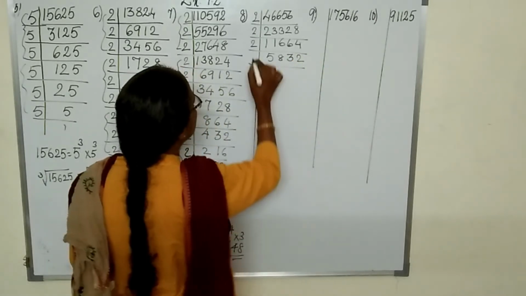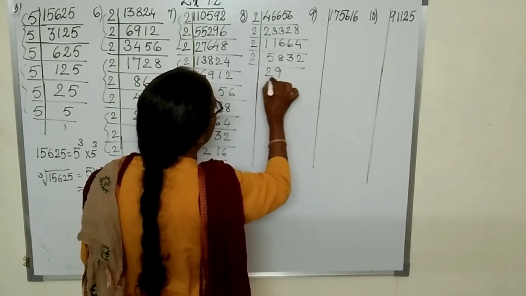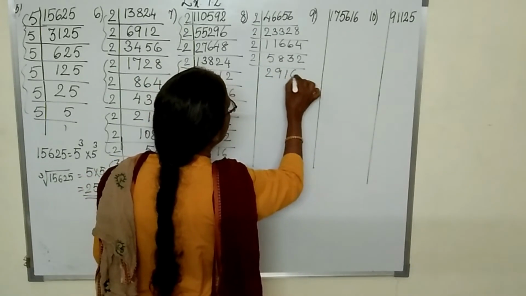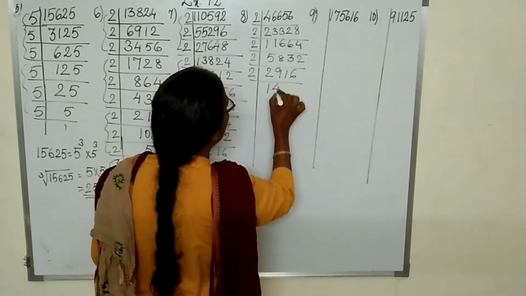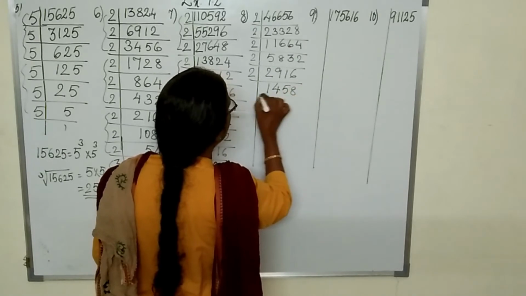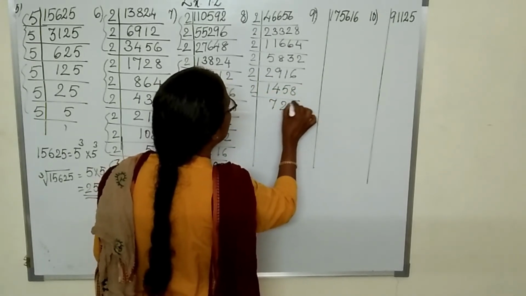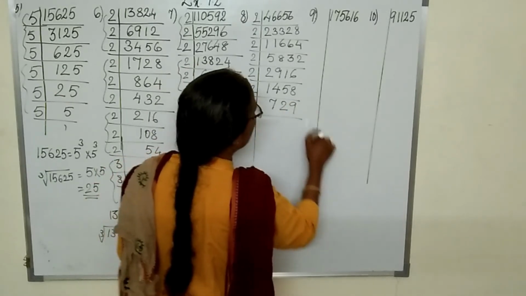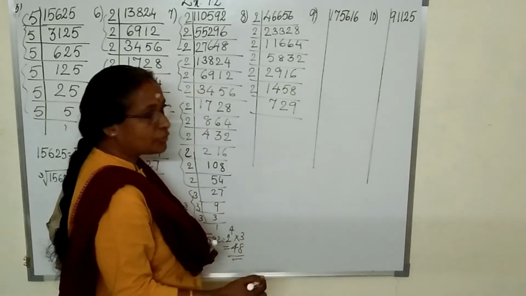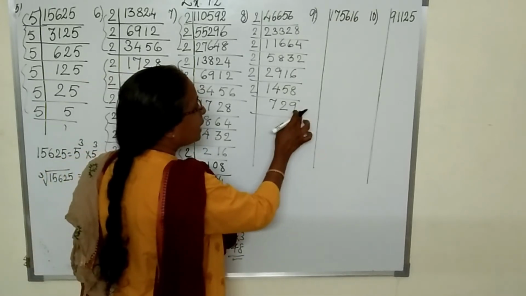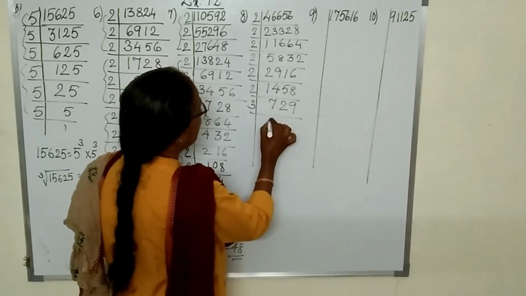Again by 2, 2, 9, 1, 6. 2, 1, 4, 5, 8. 2, 7, 2, 9. Now is it divisible by 2 now? No. So let us try with 3. 7 plus 2, 9, 9 plus 9, 18. So it is divisible by 3.